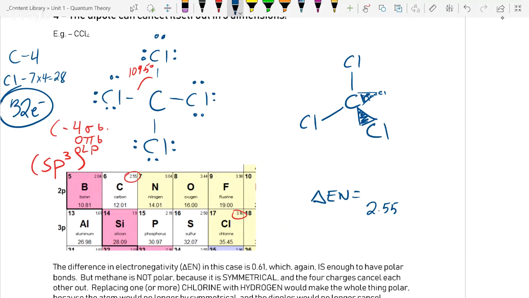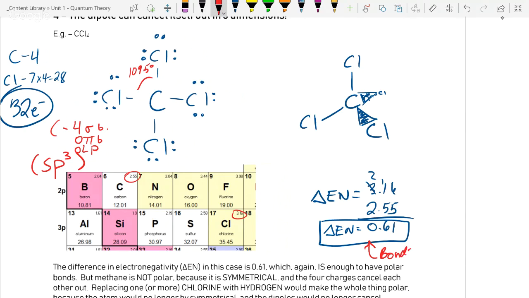Great. And what is chlorine? Okay, so 3.0 minus 2.5 is 0.5. Okay, is that enough to be polar? The bonds are polar.